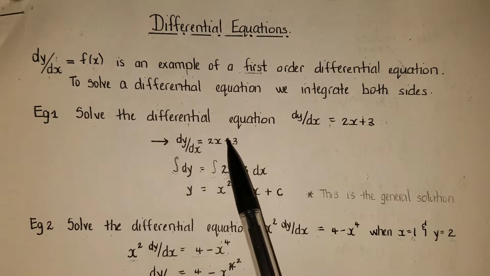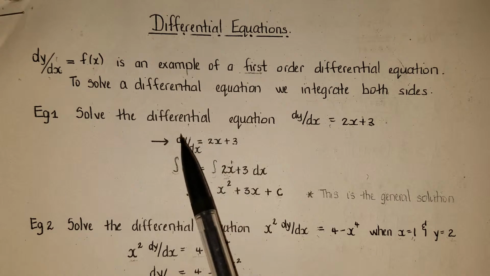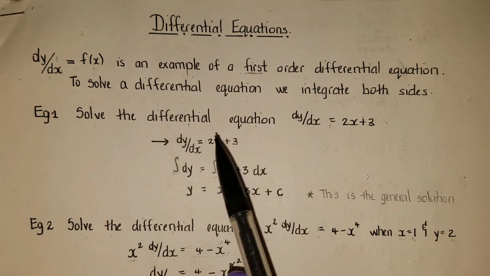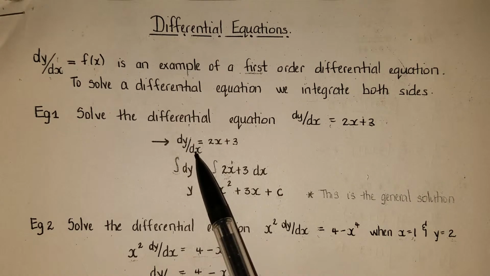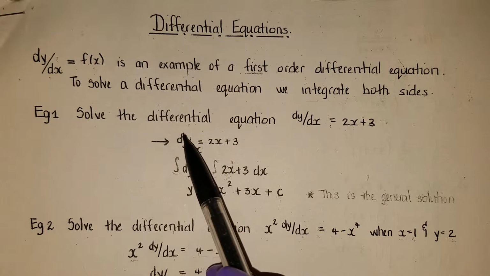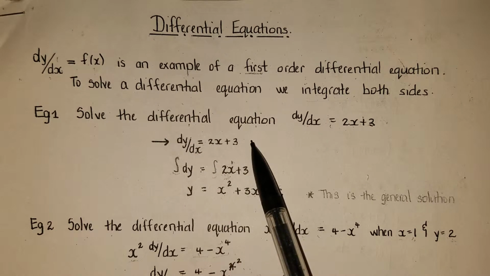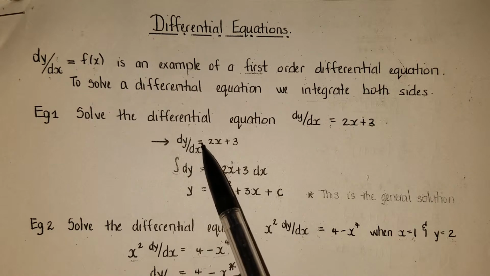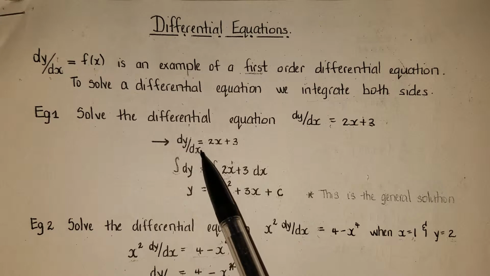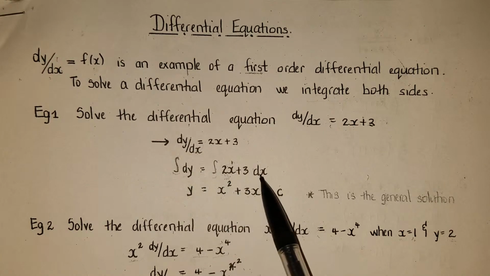All the x's need to be on one side and all the y's on the other side. Here we have dy/dx equals 2x plus 3. So we're going to leave this dy on that side and bring this dx to the opposite side. Since it was being divided, when it crosses the equal sign, it gets multiplied, as you can see here.